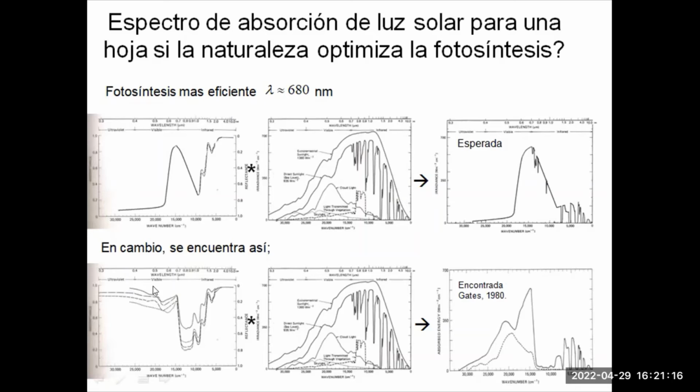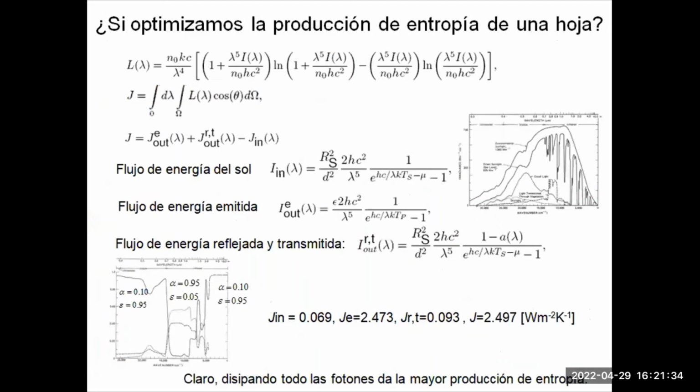So when we convolute the actual absorption spectrum that we measure in the leaves of plants with the spectrum of sunlight arriving at Earth's surface, that gives us this graph. So how can we explain that? Let's try to explain it by assuming that plants are not optimizing photosynthesis, but are optimizing entropy production.